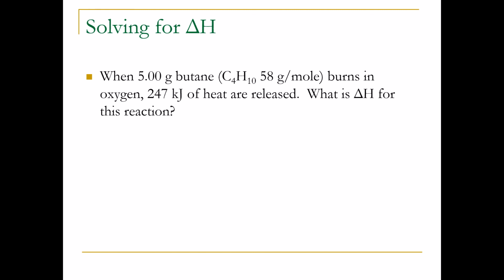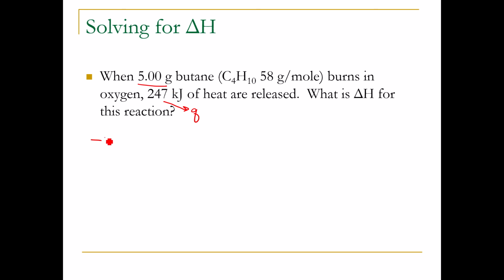Alright, last one, we're going to circle it back around to what we initially started talking about with this one. We have 5 grams of butane. It's burned in oxygen, 247 kilojoules of heat are released. What is delta H? So this is Q. Alright, the 247 kilojoules is Q, and it is based on the 5 grams.